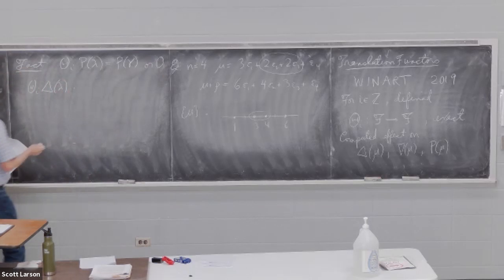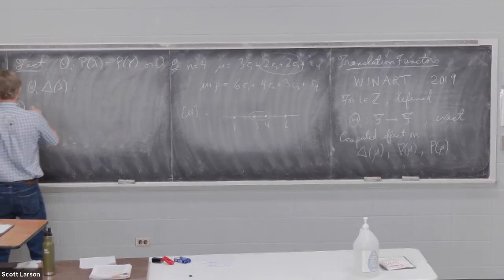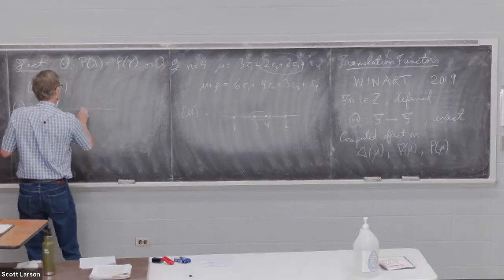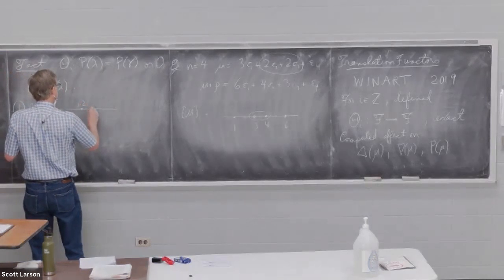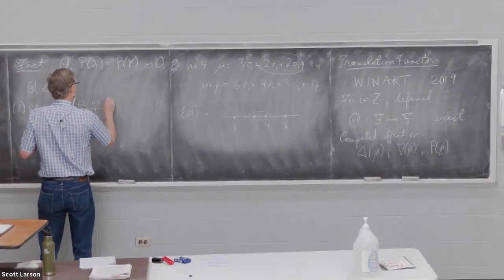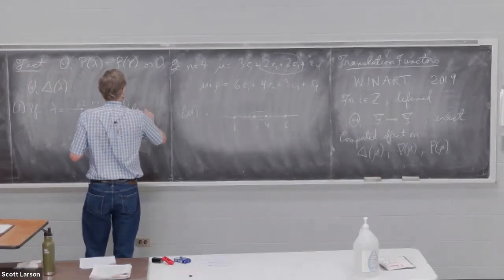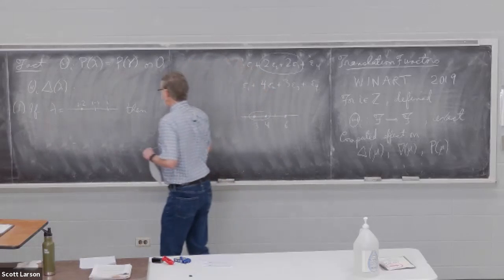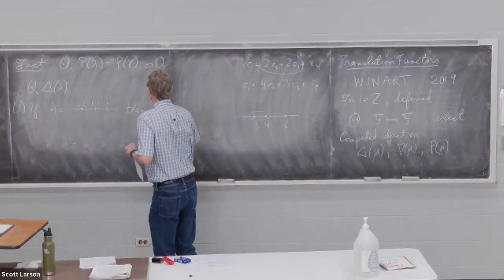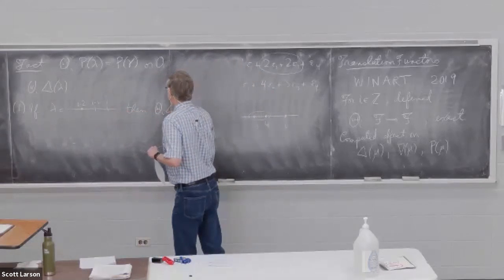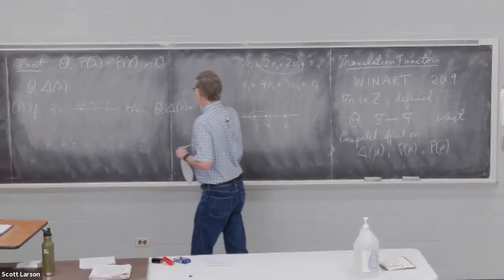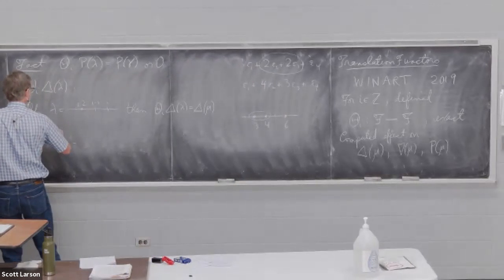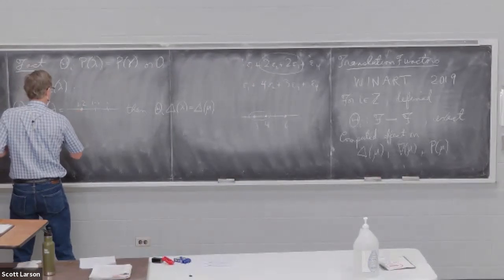So there's several cases, but the only two that we ended up needing were these two. It's defined in terms of weight diagrams. So if the weight diagram of lambda has a dot at I minus 2, but not at I minus 1 or I, then beta I of delta lambda is equal to delta mu, where mu is the thing that you get by moving this dot one space to the right.